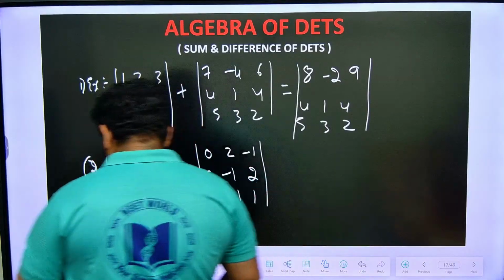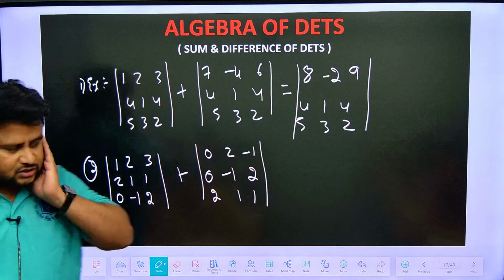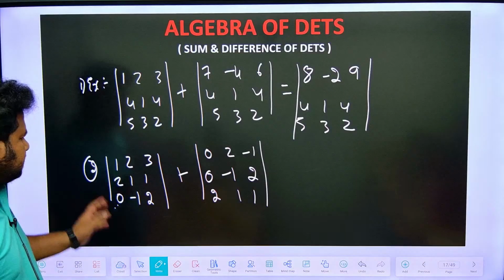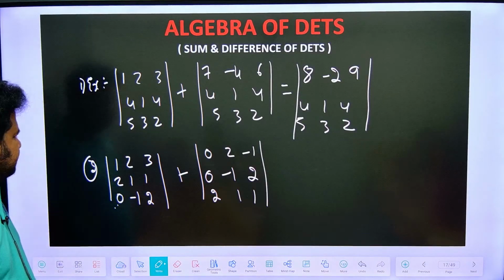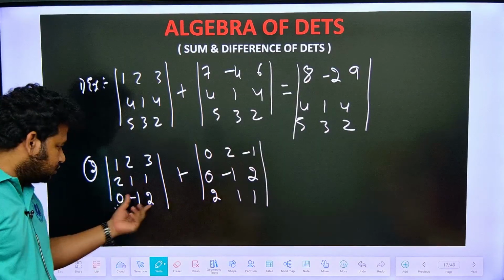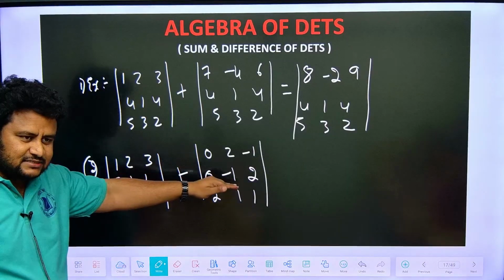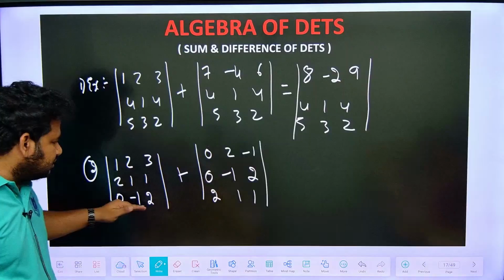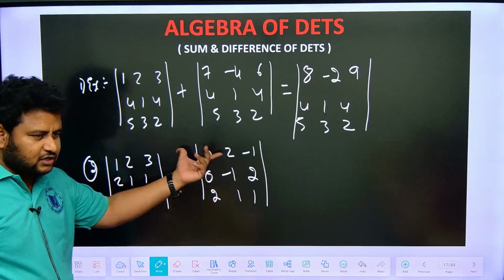Now if you observe here, this row and this row are the same, this row and this row are the same, but they are not correspondingly the same. The second row is not the same as the second row here, the third row is not the same as the third row here, but the first rows are different, and that is okay.